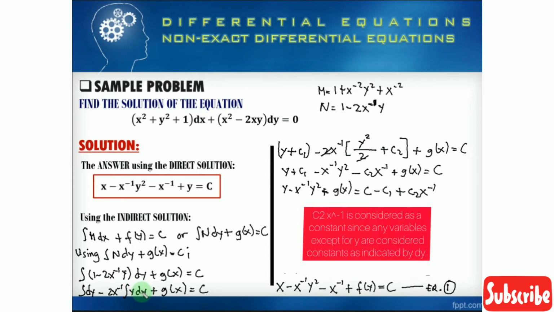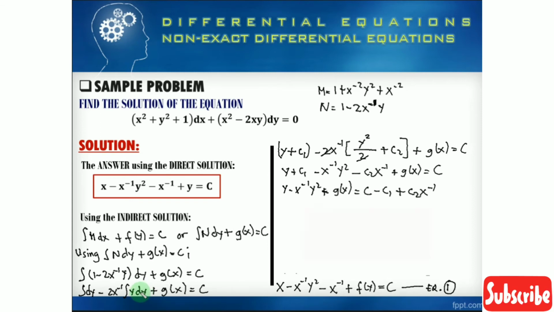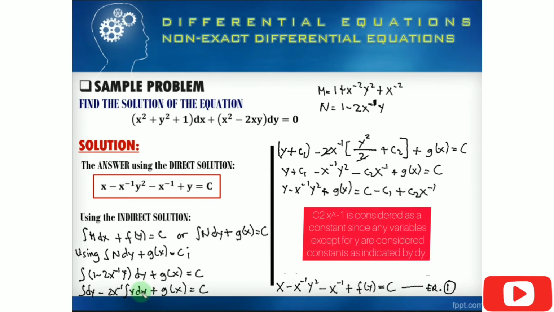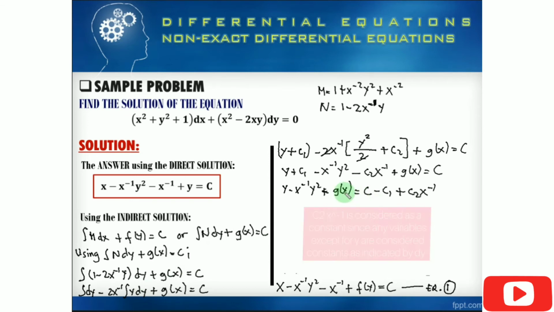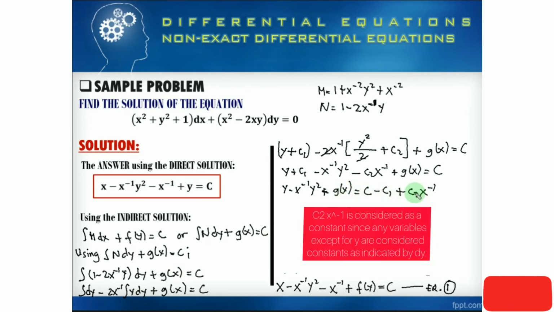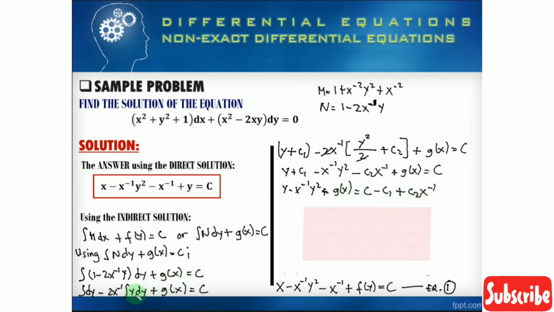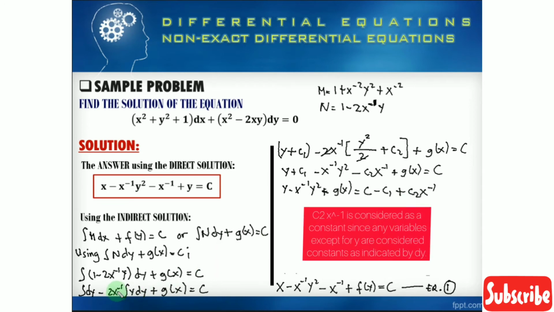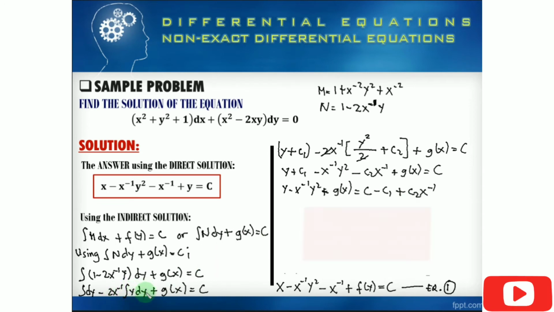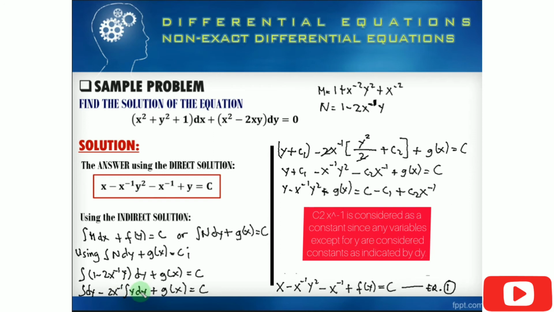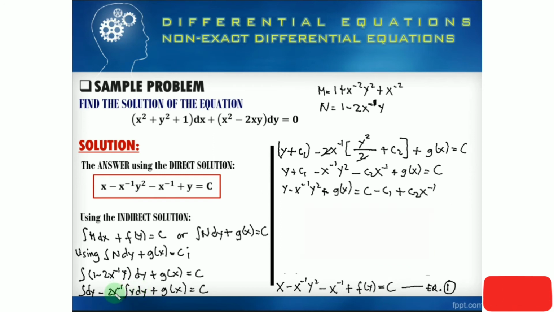So any other variables except this y are all considered constant. So that is why, from here, this is just the result of this 2x raised to the negative 1 integral of y dy. So our variable here is y. So we will consider this x as a constant.